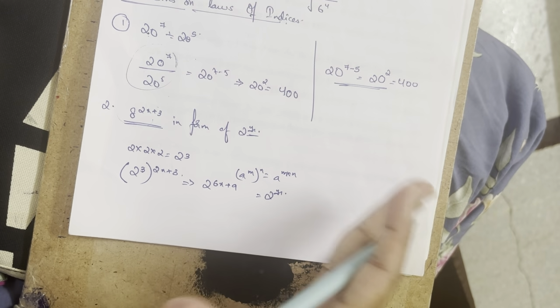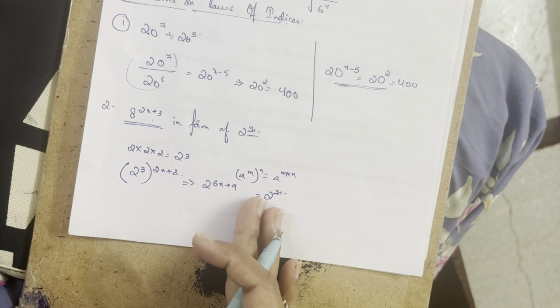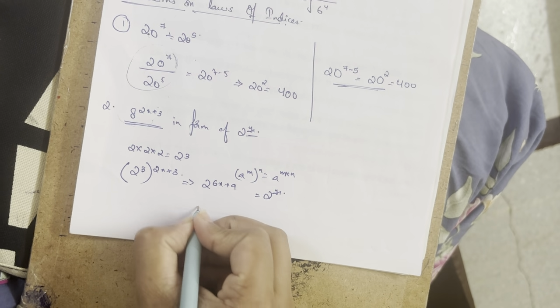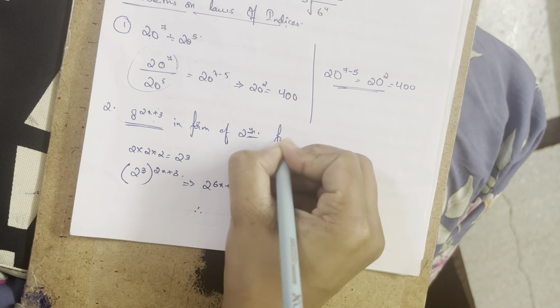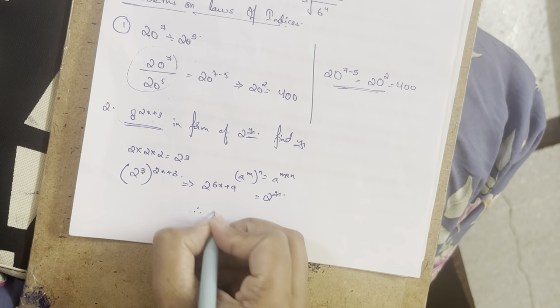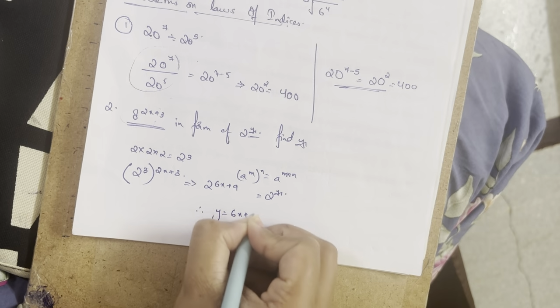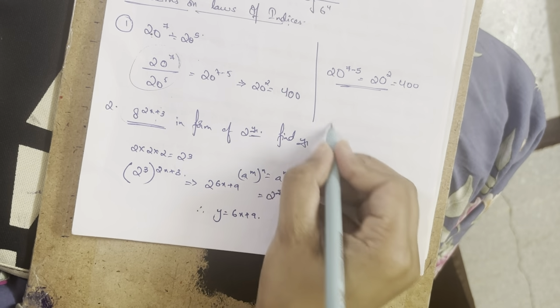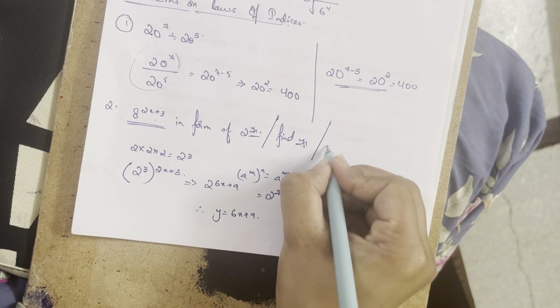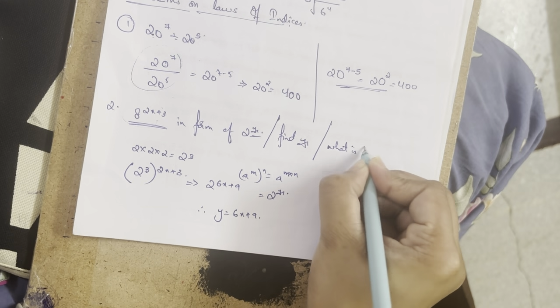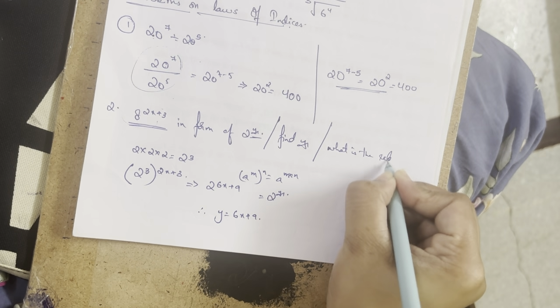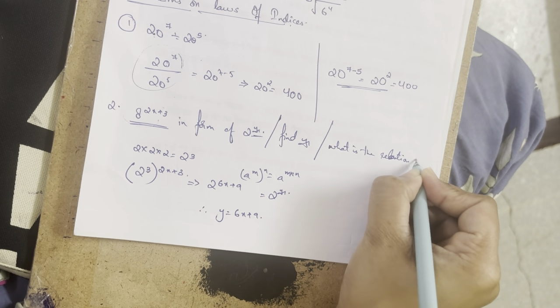Some questions will ask what is the y also. Find the y. So if they ask to find y, then you write, therefore, y is equal to 6x plus 9. Okay, another question they may ask is, what is the relation between y and x?